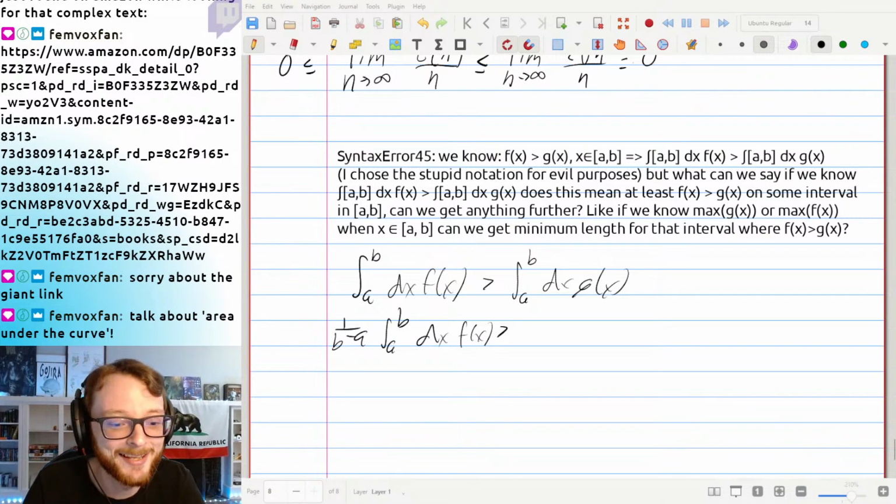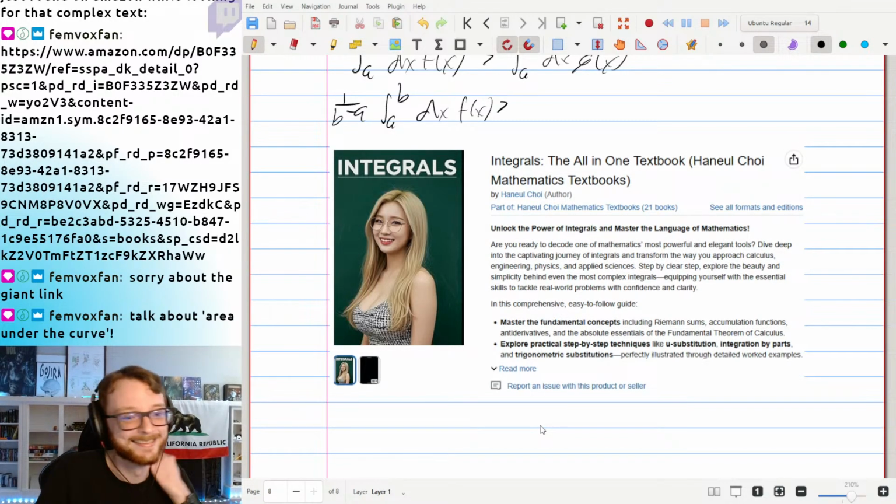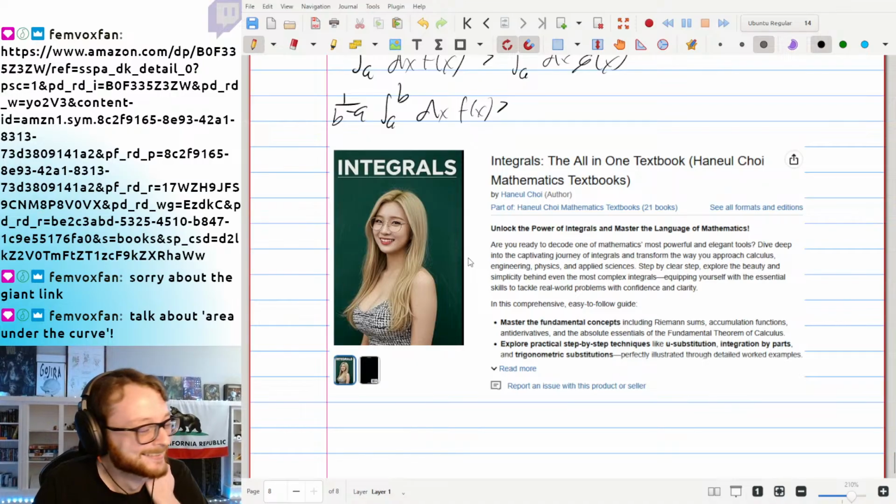Talk about the area under the curve. You know, I think that this is a good business strategy. Oh my god.